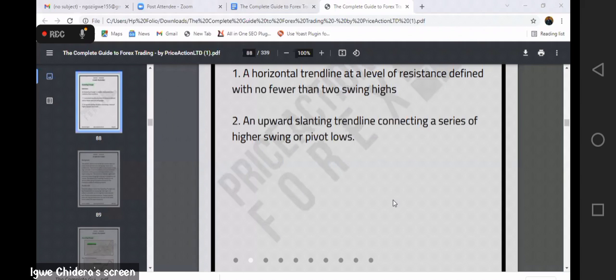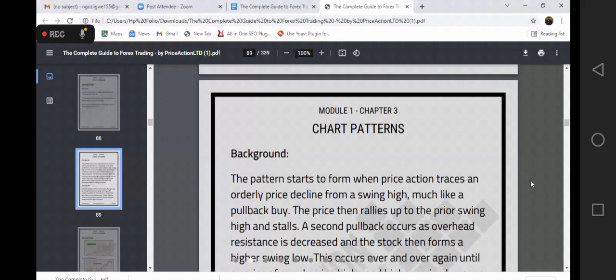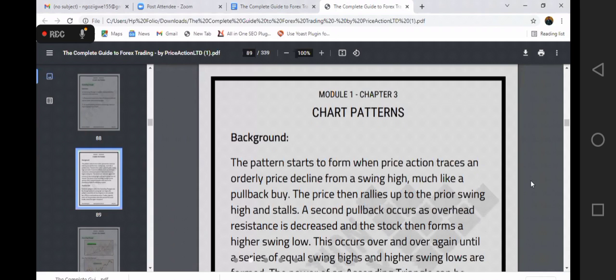All right. An upward slanted trend line connecting a series of higher swing or pivot lows. So they are talking about your lows. Background. They said the pattern starts to form when price action traces an orderly price decline from a swing high, much like a pullback buy.